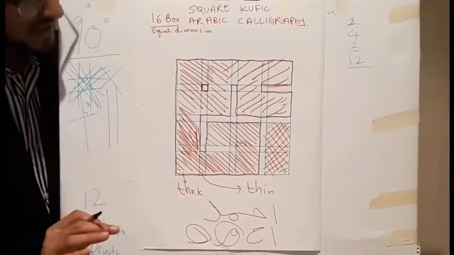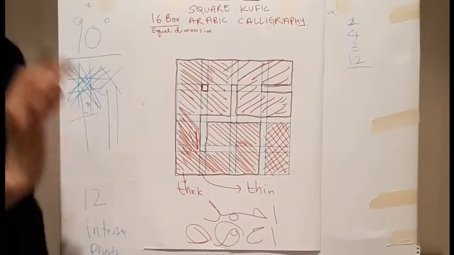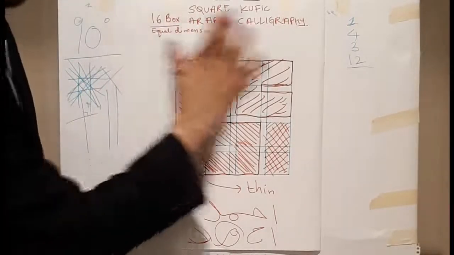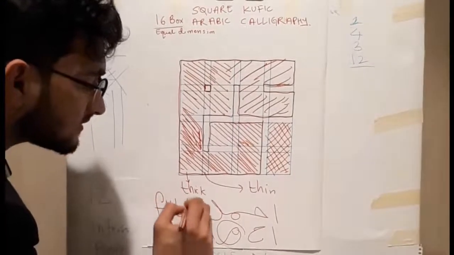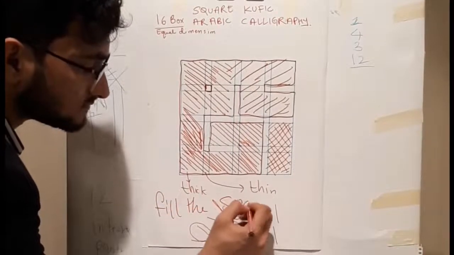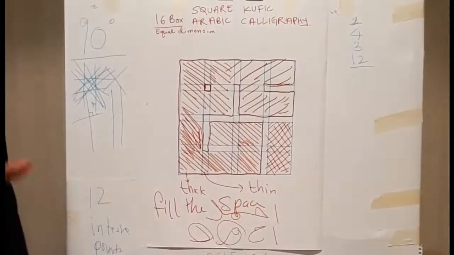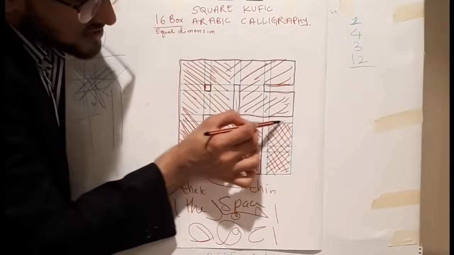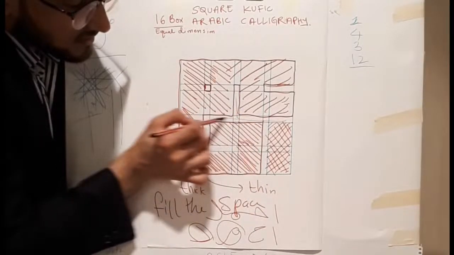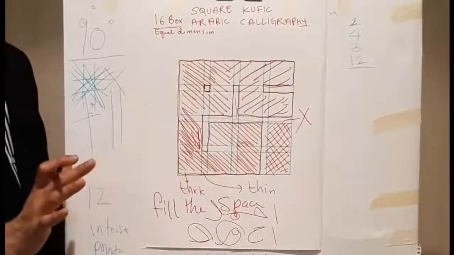So remember that there are few rules that you need to consider, that is filling up the space. You have to fill the space. That is very much important. Second thing, do not enter this region. This region is only meant to differentiate the letters.